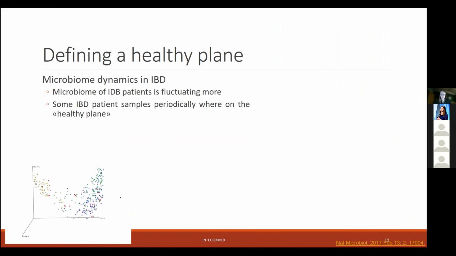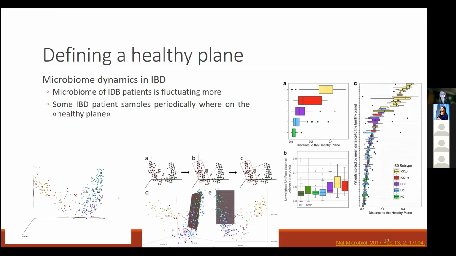And of course, a short example of longitudinal design. I really like this study. It's quite recent. They analyzed microbiome dynamics in inflammatory bowel disease, and they tried to define a healthy plane. Looking at dynamics means that they used a longitudinal design.